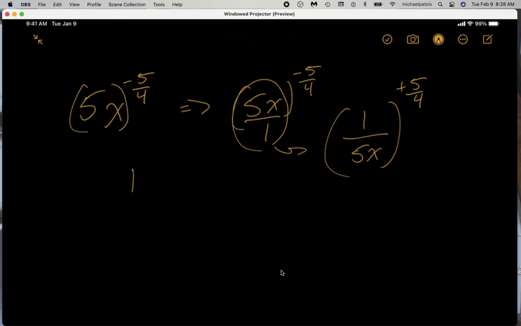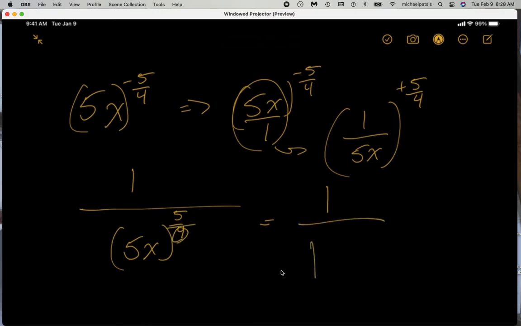Now you apply your power rule. 1 to the 5/4 is just 1. Here's your root because it's underground. Draw your radical sign first. Important to keep that parentheses. Now if you want, you can flip that up, put parentheses.